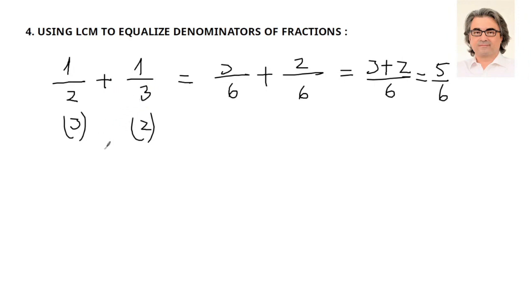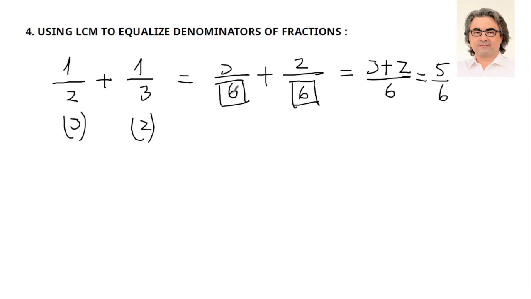After making this operation, multiplying with 3, for the first fraction, if you multiply the numerator and denominator of this fraction with 3, and if you multiply the numerator and denominator of the second fraction with 2, then you reached the common denominator, the same denominator, for each fraction. And after that you may make this addition operation.